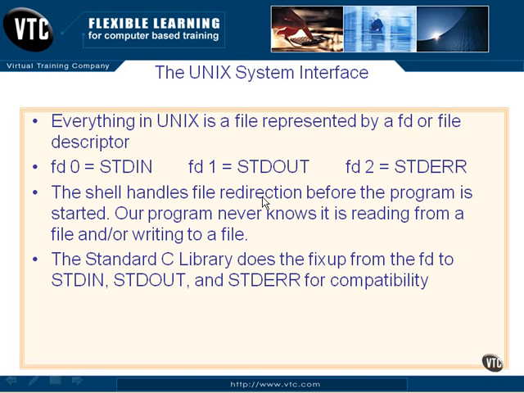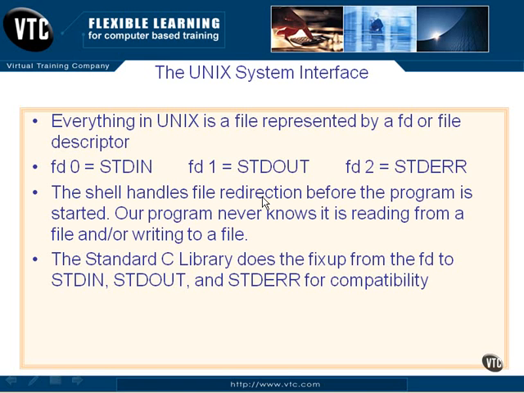Our program never needs to know if it's reading from a file or writing to a file, because everything's a file as far as we are concerned when we're running on Unix. So we don't care. We use standard in, out, and error. The standard C library does the fix-up from the file descriptors to those names that we know.